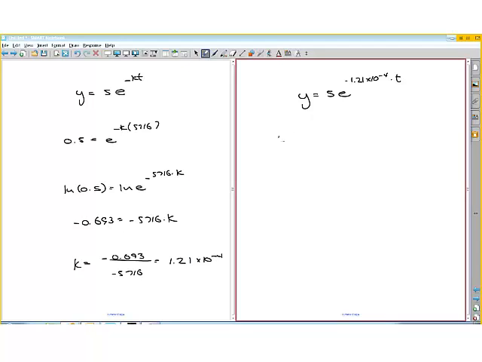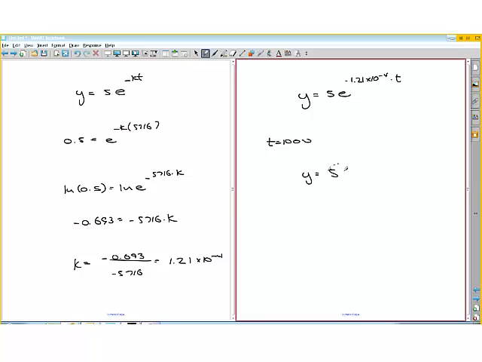So all we have to do is plug in t equals 1,000, t equals 10,000. So 1,000 years, well, since we have half after 5,716, we should be somewhere between 5 and 2.5, which is half. It's probably going to be closer to 5 than it is to 2.5.